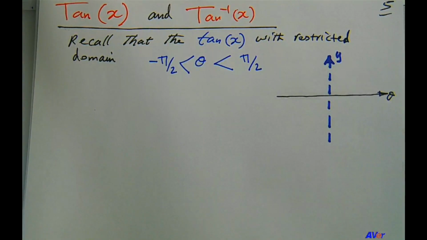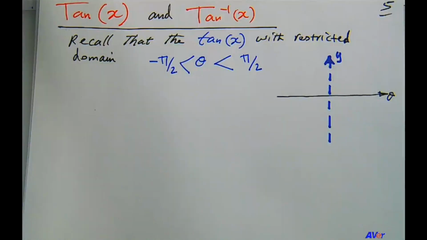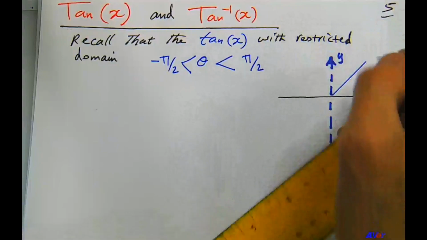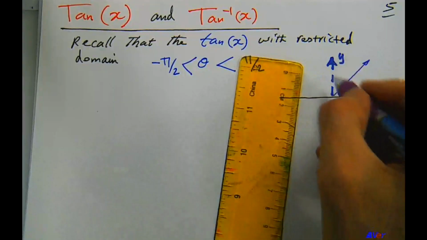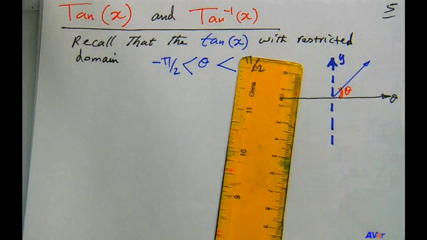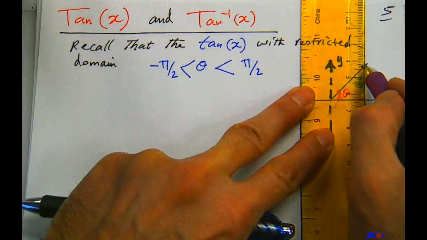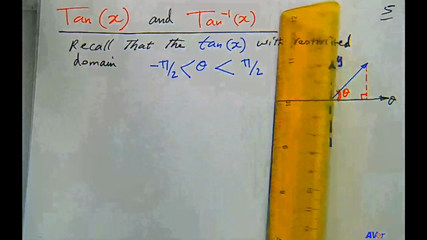So let me write down here. If we have an angle like this, let's call that theta, and I'm going to make this into a right triangle, 90 degrees here.